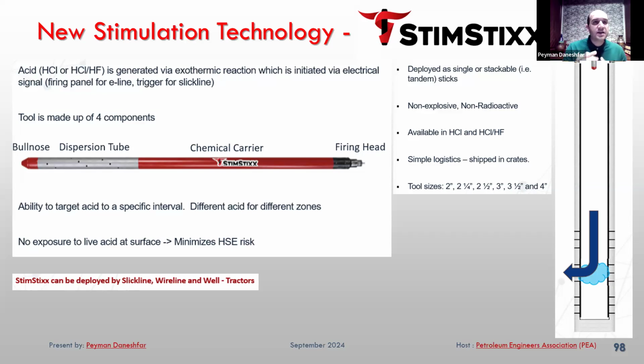We can send it in a well with a slickline or with coiled tubing, and this has some advantages: the ability to target acid to a specific interval, different acid for different zones, and no exposure to live acid at the surface, which minimizes HSE risk.